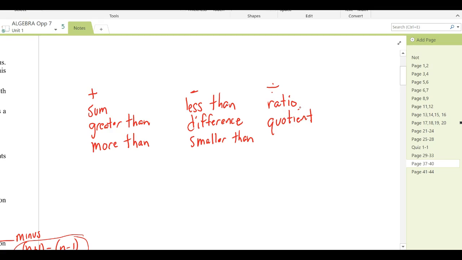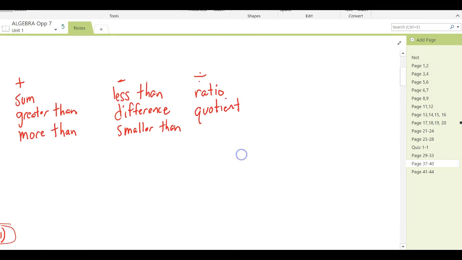We got divide. We need multiply. Times. Multiplication. Twice. Now, twice is very specific. I can do 7 times or 9 times or 8 times or 4 times. But when I say twice, it's just 2 times. 2 times 2.